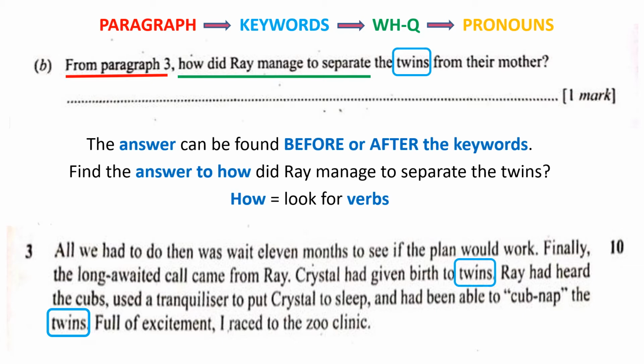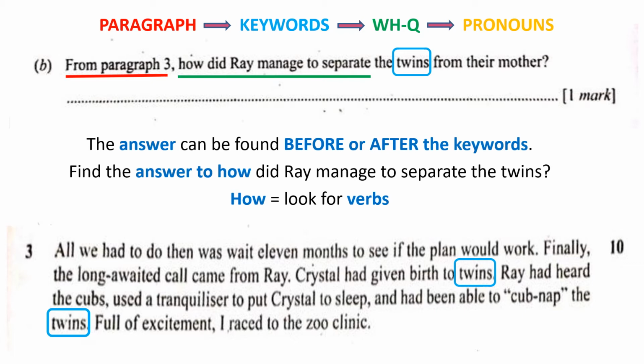So let's see. Before the first twin, Crystal had given birth to twins. Or let's look at the sentence before that: Finally, the long-awaited call came from Ray. So is there anything about separating the twins? No. Then let's look at the line after the first twin.